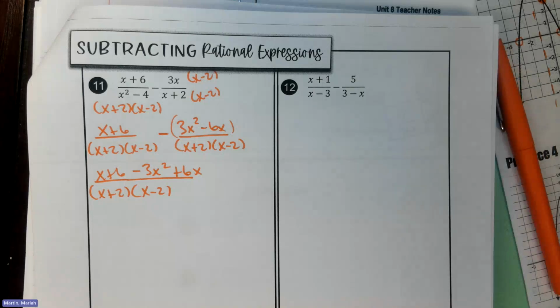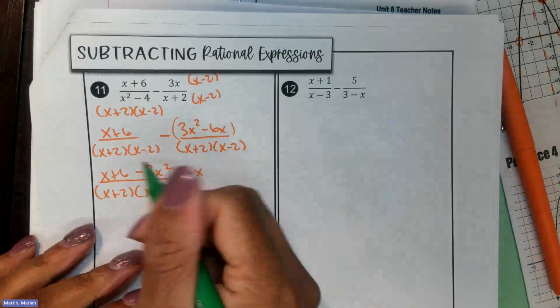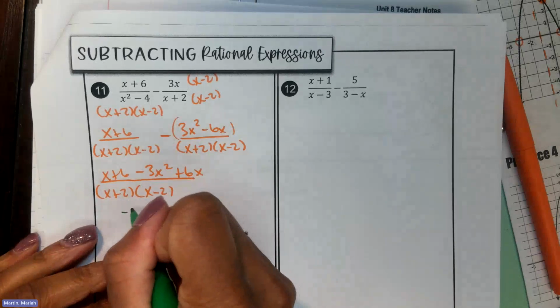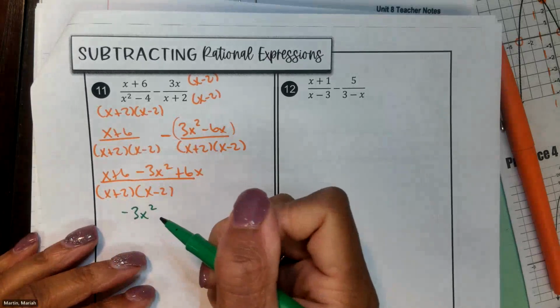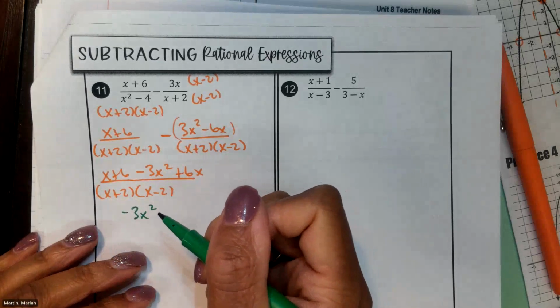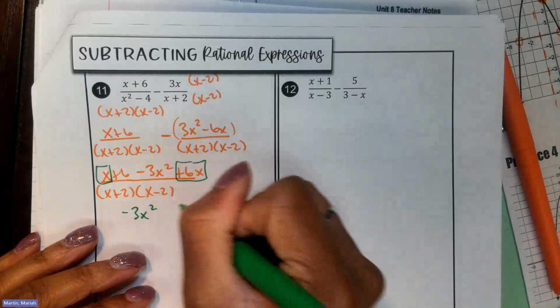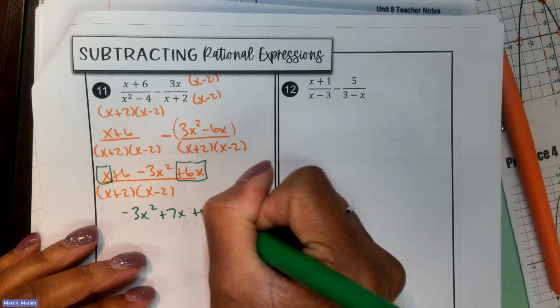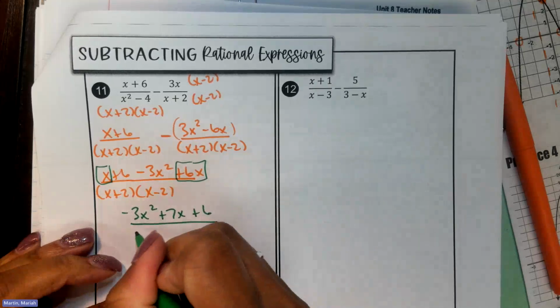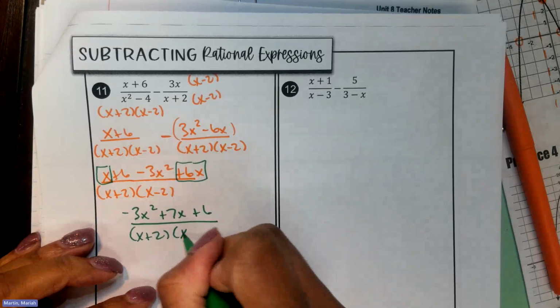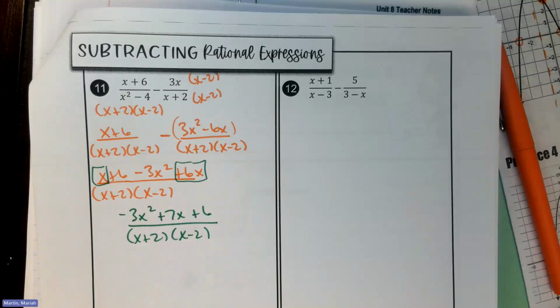Now I combine my like terms. There's nothing I combine with negative 3x squared, so I'm going to keep it here. Then I have x plus x, or 6x, which gives us 7x. And then I have plus 6 here. Okay.